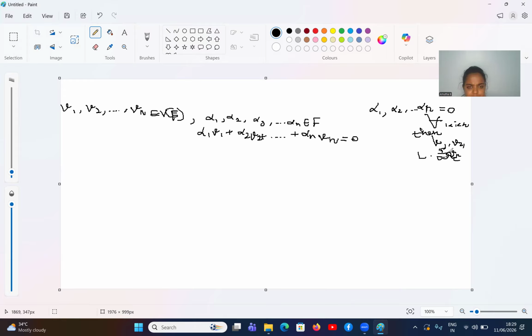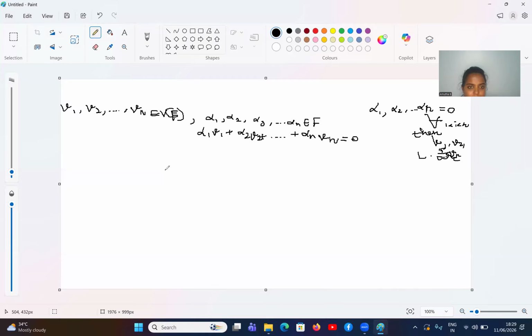So the concept is, you have vectors v1, v2, and so on, vn from any vector space, and alpha 1, alpha 2, and so on, alpha n are scalars from a field. If you write alpha 1 v1 plus alpha 2 v2 and so on plus alpha n vn equal to 0, and all the alpha i's are 0, then those vectors are called linearly independent vectors.